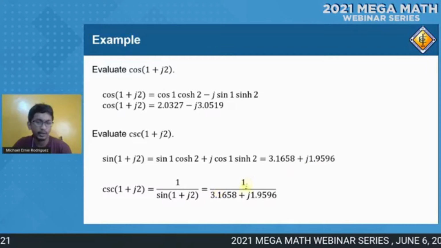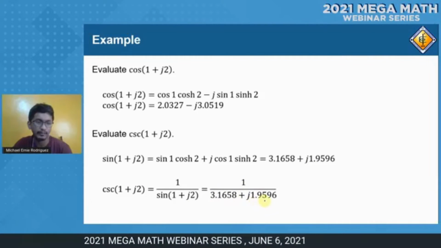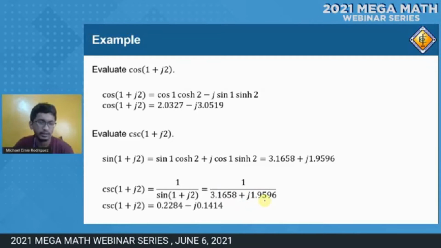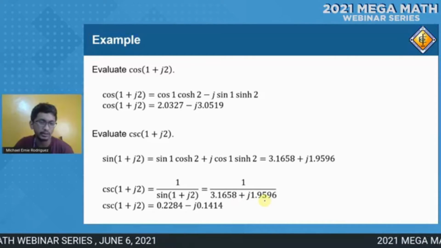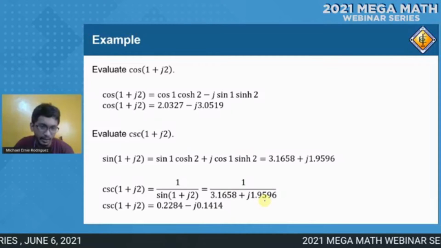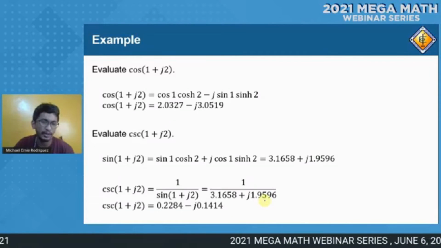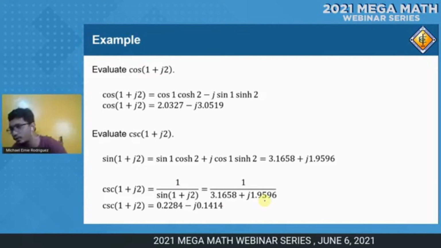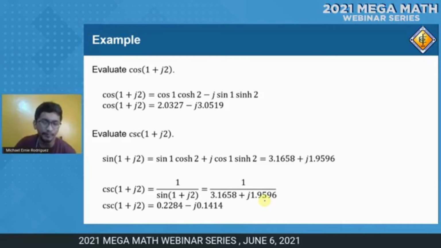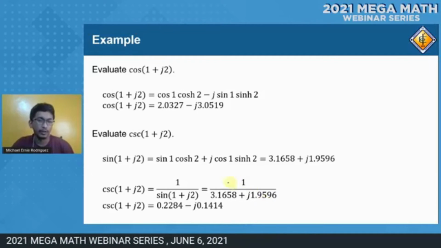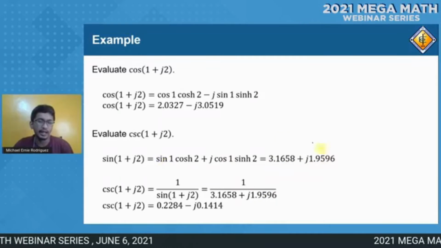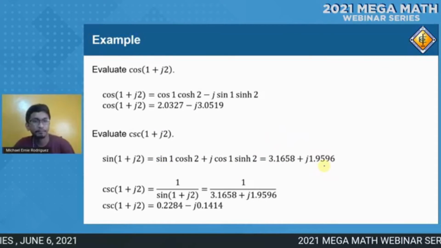So we have 1 over 3.1658 plus j 1.9596. Therefore, cosecant of 1 plus j2 is 0.2284 minus j 0.1414. Okay, if you input this in the calculator, make sure that you are in radians.